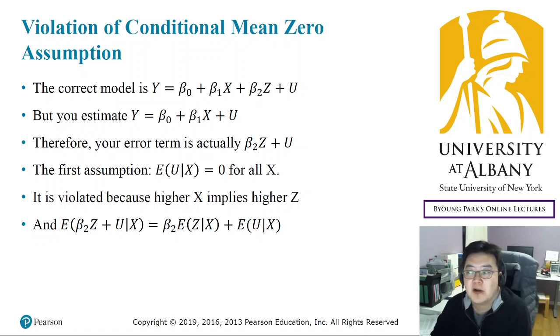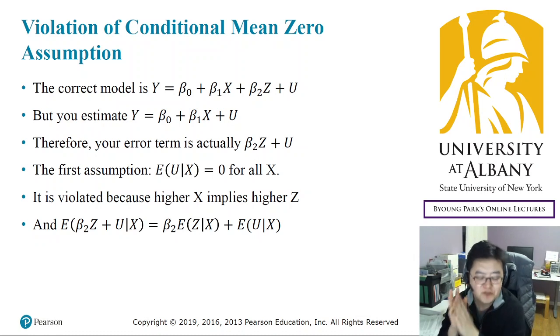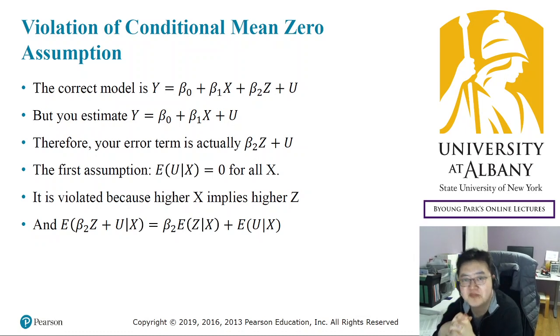Hello. In explaining the example in the previous video, I forgot to mention one important implication of the omitted variable bias. You may interpret the omitted variable bias as a violation of the first assumption. Remember, in chapter 4, I introduced three important assumptions to have a causal interpretation.